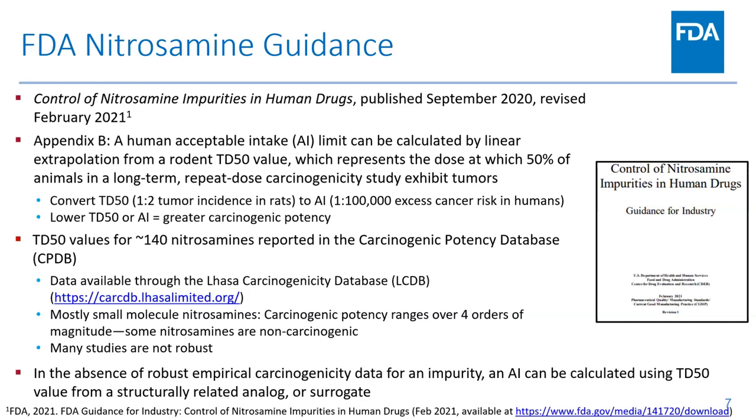TD50 values are available for about 140 nitrosamines reported in the carcinogenic potency database, sometimes referred to as the CPDB, but this database is no longer being maintained. It was retired some years ago, but the data are still available through the LASA carcinogenicity database, where they present the original CPDB TD50s alongside a recalculated LASA value using a more standardized method for that calculation.